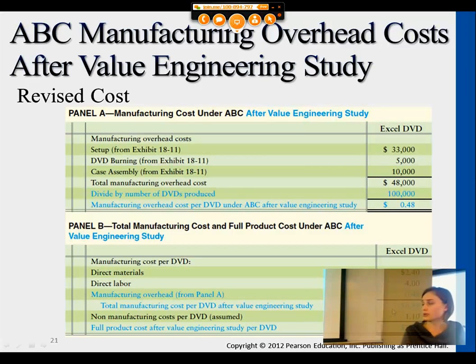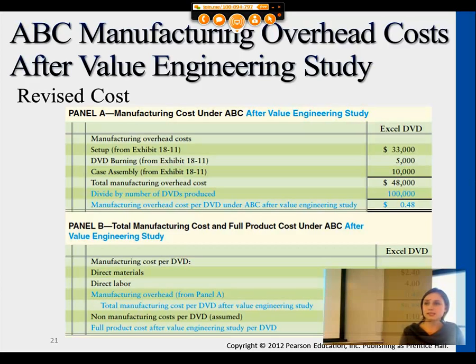Now what are we going to do? We're going to add non-manufacturing costs. Do you remember the formula I just showed you two slides ago? So we're going to add this $1.10, and we find that the full product cost after this value engineering study is 7.98. So what does it mean to me?